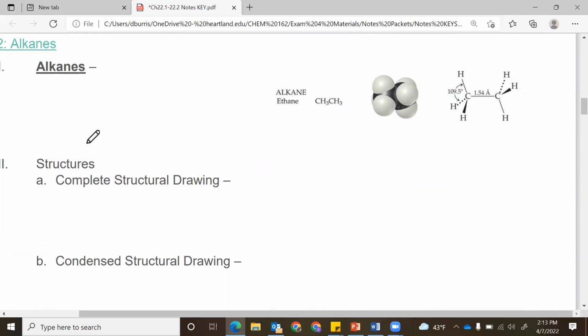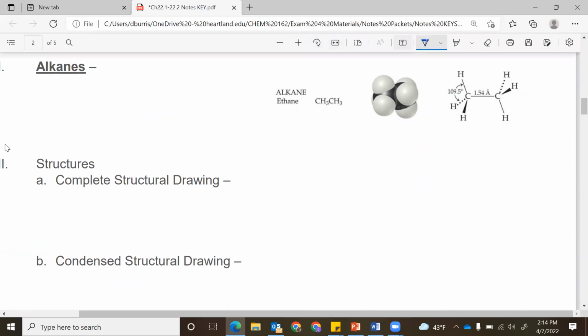An alkane, we already said, is called a saturated hydrocarbon. That means we have all single bonds.